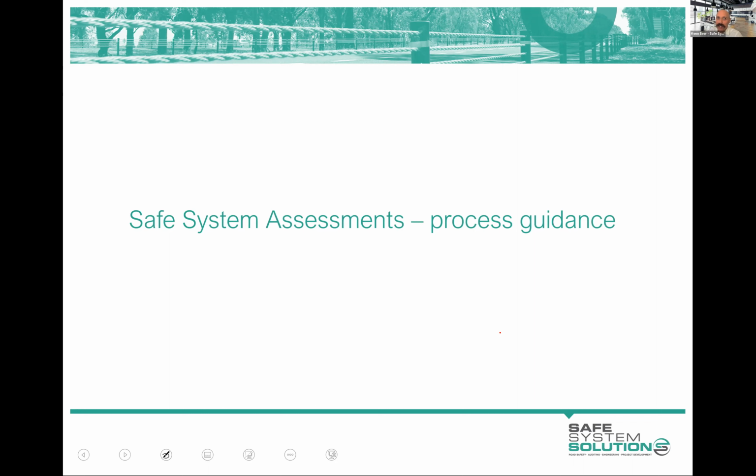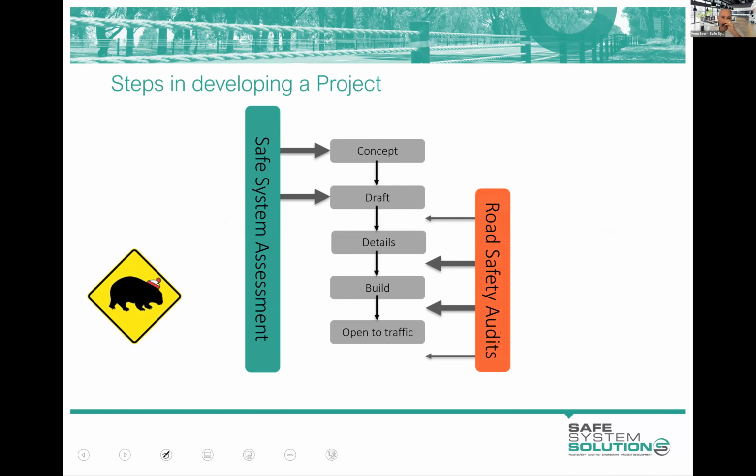It's a good question, because at the moment there is significant overlap, but they do different things to a degree. I suppose this next slide might help. The safe system assessment we found is the better assessment methodology at the concept, draft, early feasibility stage.